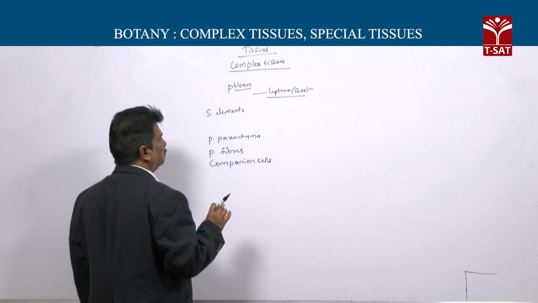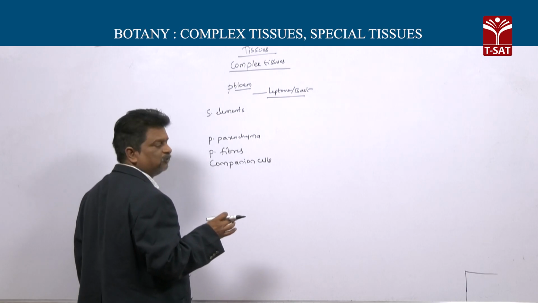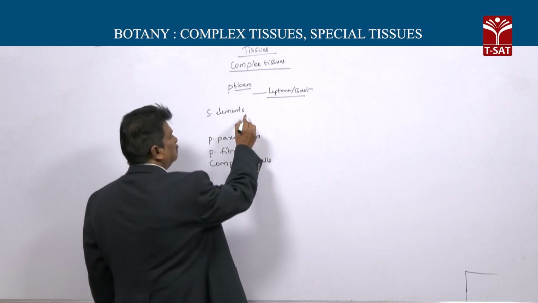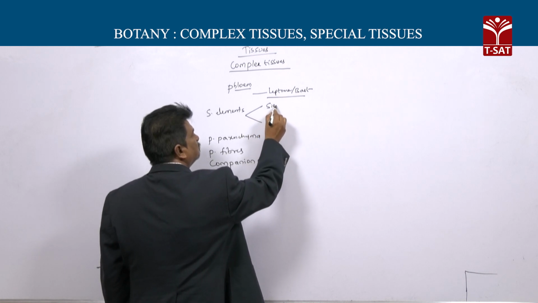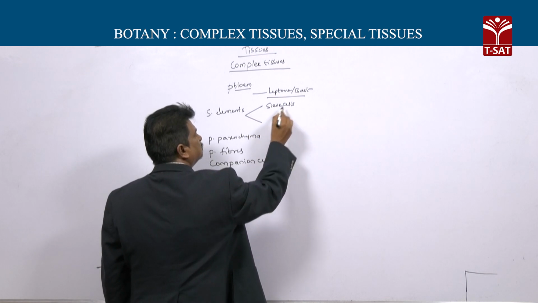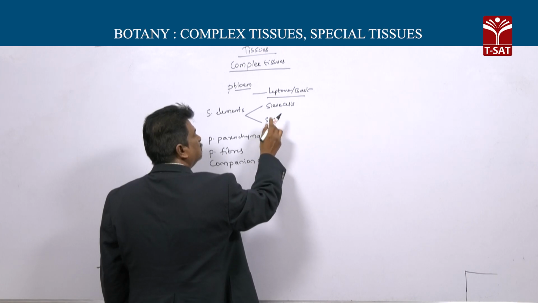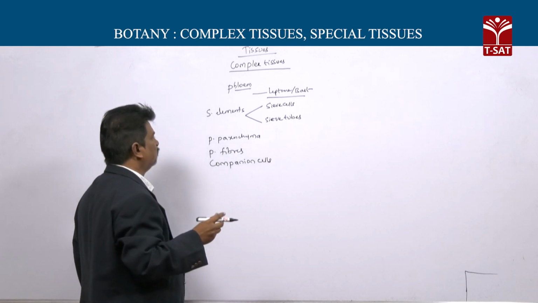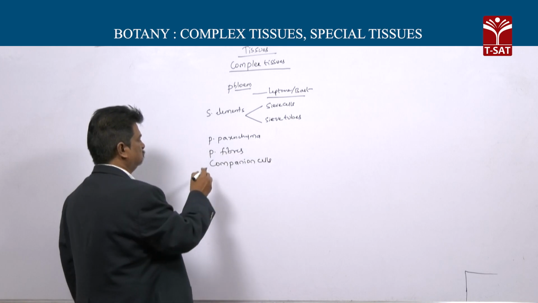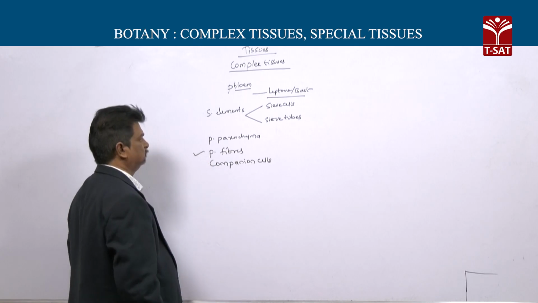The conducting cells of phloem are called sieve elements. Sieve elements are of two types, sieve cells and sieve tubes. Complete phloem is living tissue except the dead tissue of phloem, the fibers.